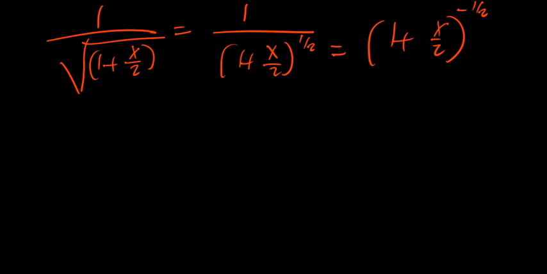Sir, I have a question. Yes, please. How did the x over 2 come? Like, where did it come from? I've just given you here 1 plus x over 2.